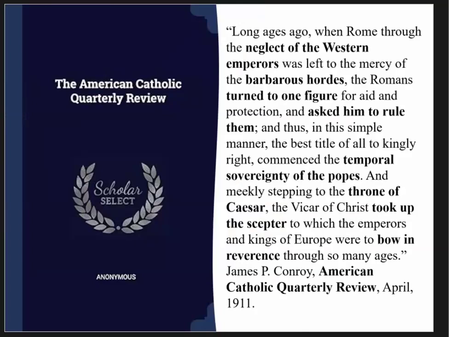Right. Now let's read a few statements from some theologians on the style of government that existed during the Middle Ages. This statement that is up there is from James Conroy, a Roman Catholic. Long ages ago, when Rome, through the neglect of the Western emperors, was left to the mercy of the barbarous hordes, the Romans turned to one figure for aid and protection and asked him to rule them.